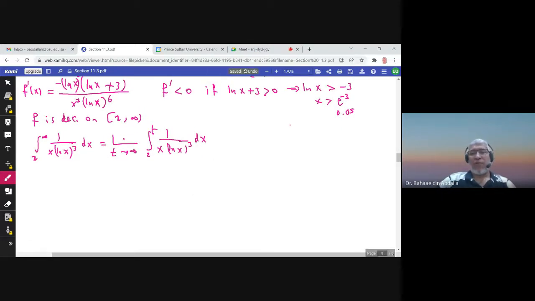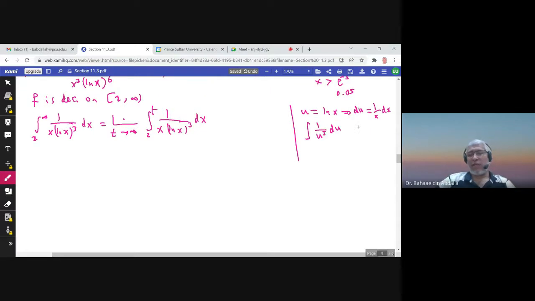And how to evaluate the indefinite integral of 1 over x (ln x)^3? I take u equals ln x, so du would be 1 over x dx. So this integral would be the integral of 1 over u cubed du, because 1 over x dx is du and ln x is u. So it's u to the power negative 3. The integral is u to the power negative 2 over negative 2. So the integral is negative 1 over 2, and u is ln x, to the power 2.